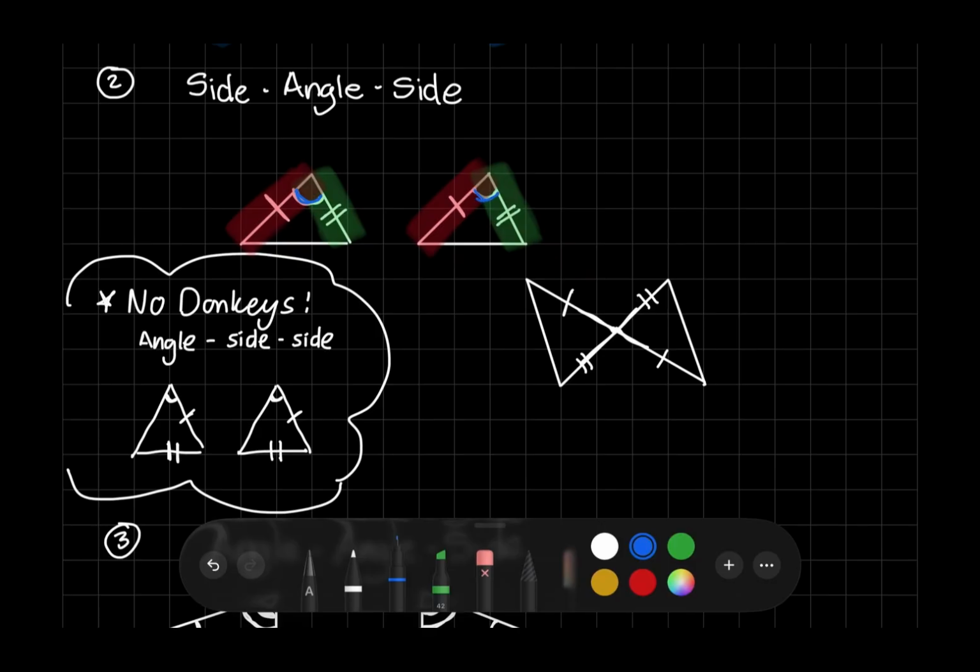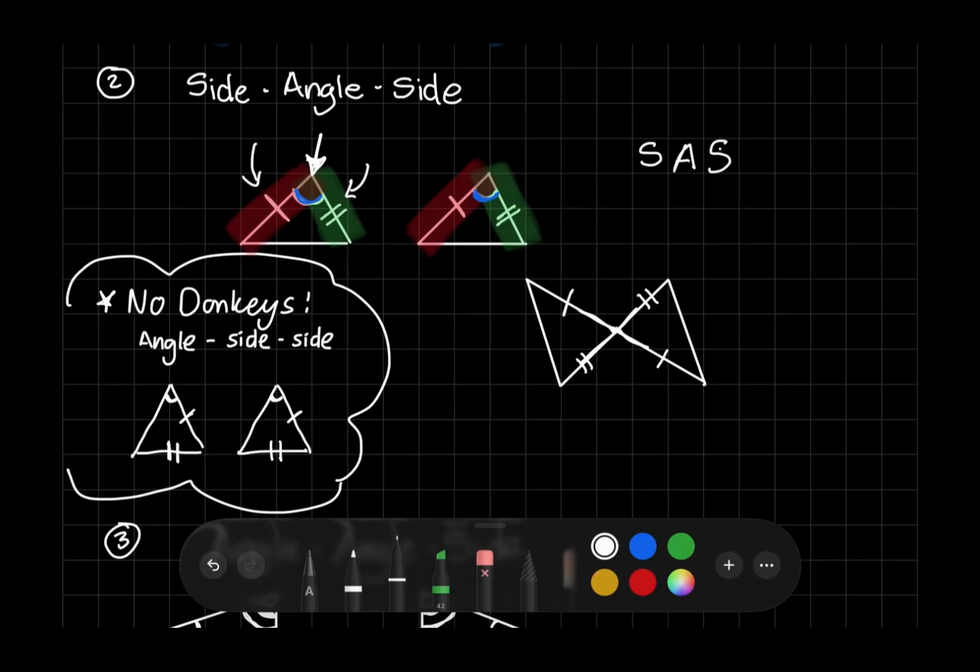Well, here's an angle with another rainbow. So I have a side, and my angle is in the middle. This is very important that my angle is between my sides.